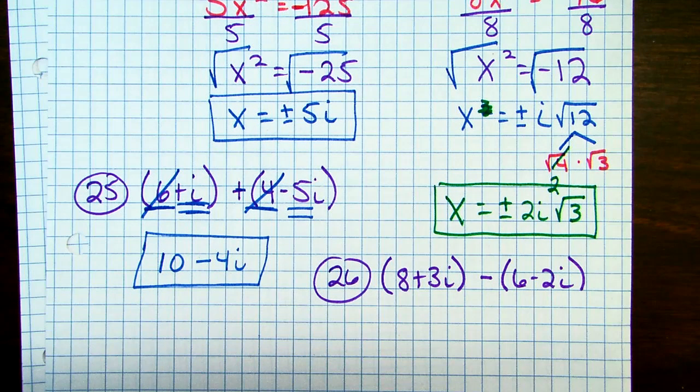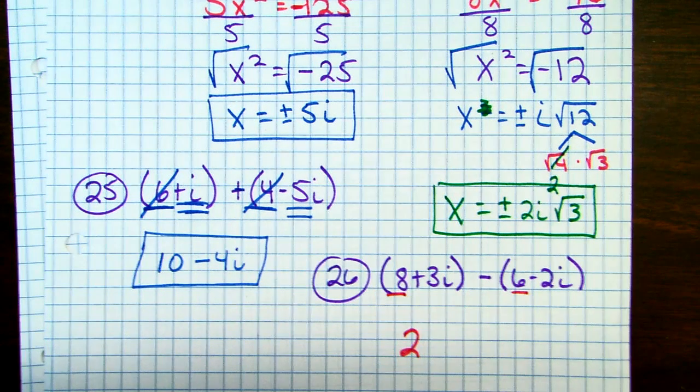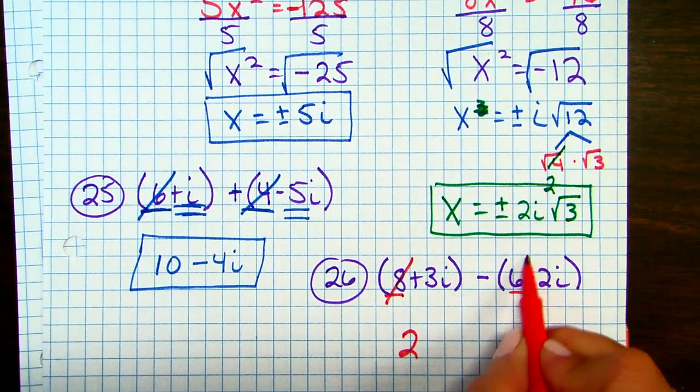There's two things you could do here, guys. You could change all the signs, or you could just read it like it is. It's 8 minus 6, right? 8 minus 6 is 2. Done with those two.